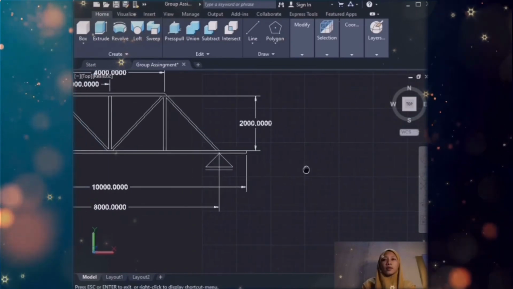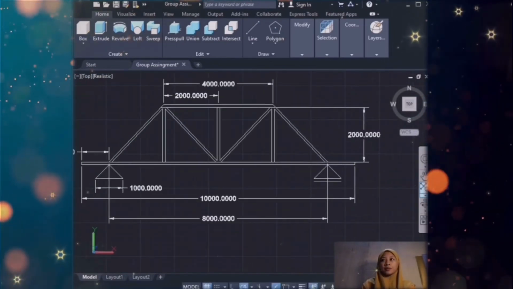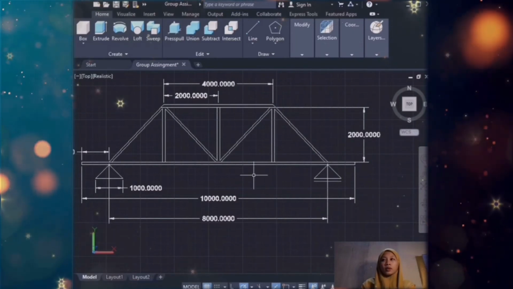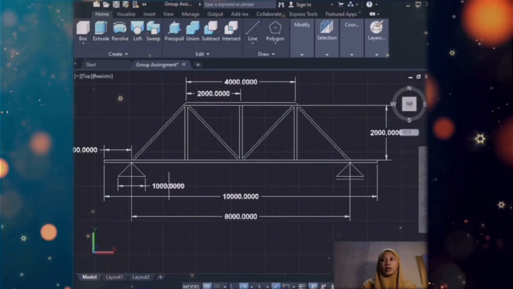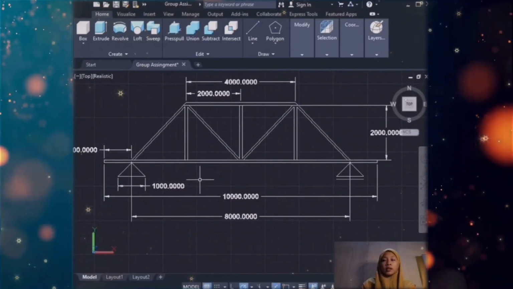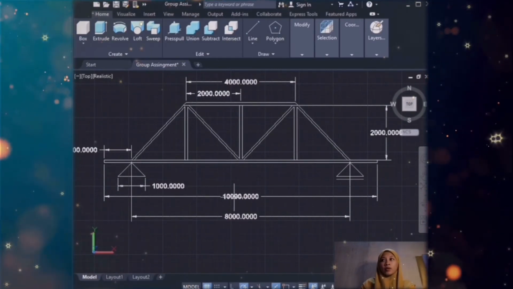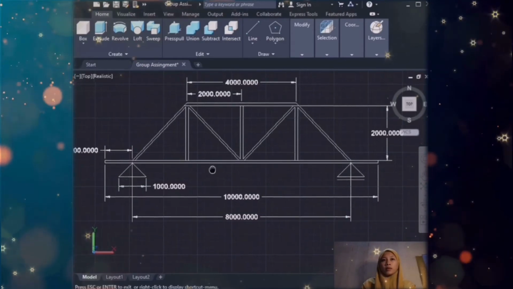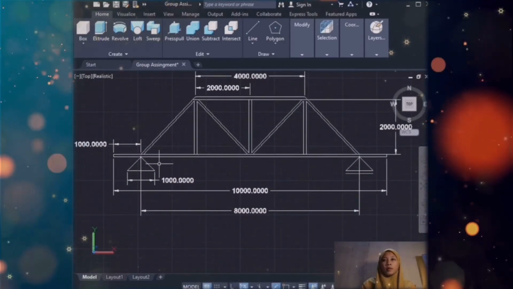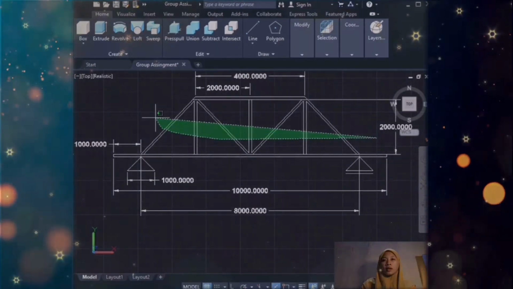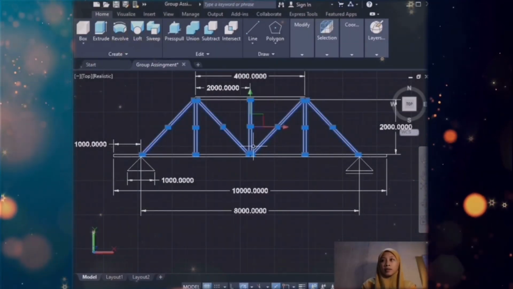Let's see the view of dimension. The overall of the leg dimension is 10,000 millimeter, and the span of edge supporting beam is 8,000 millimeter.